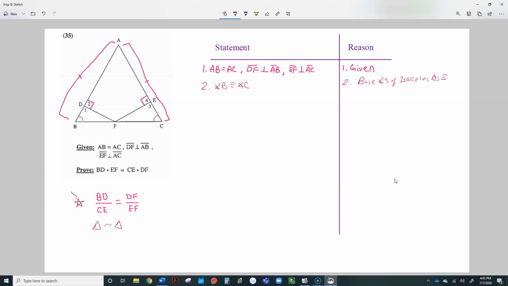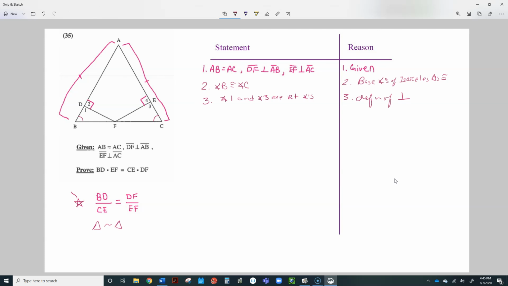Oh, remember I have this right angle. So I'm going to say angle 1 and angle 3 are right angles. And that is the definition of perpendicular.